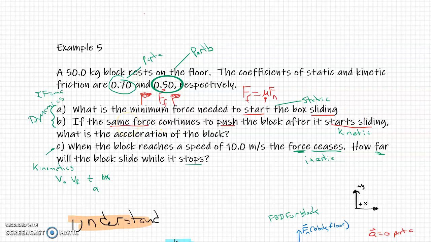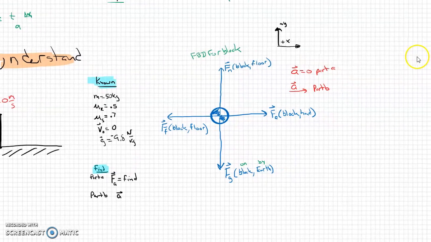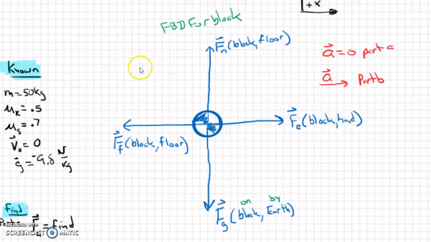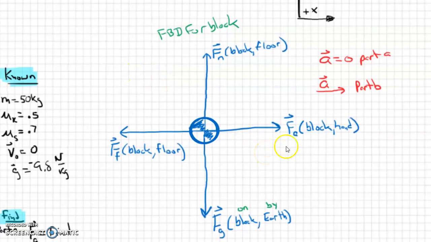So I do want to bring up our free body diagram that we had discussed. Basically, at this point in time, we still have these same four forces. Now the magnitudes may be a little different. In fact, that is the case. The force of friction for this part B will actually decrease by a slight amount, and that's because the kinetic friction coefficient here, or sliding friction coefficient, is less.